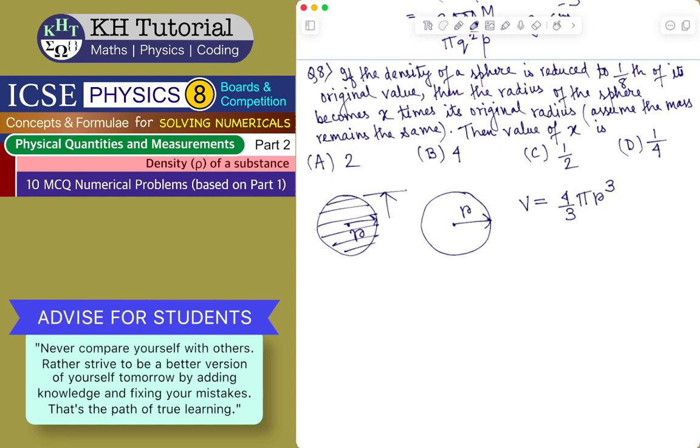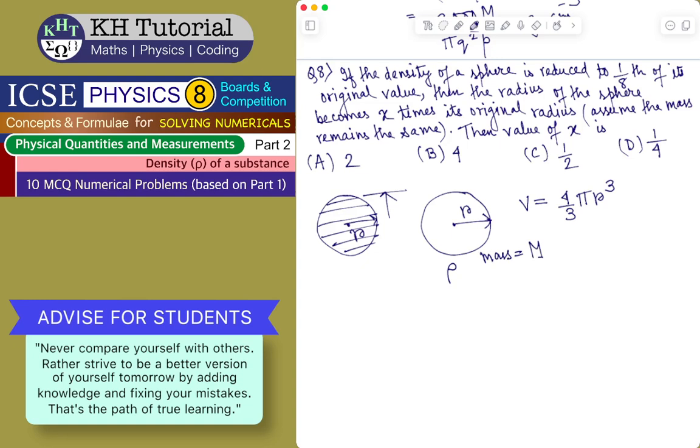Let's say the original density was rho. Originally the sphere had a radius small r, and the mass was, let's say, capital M. The density was rho, and the radius was small r.